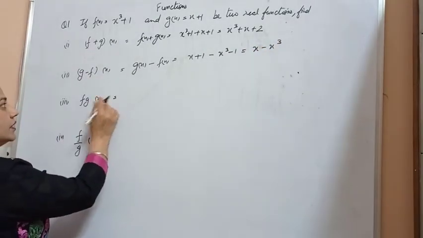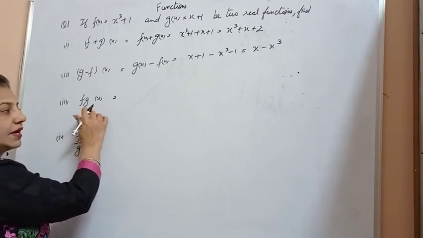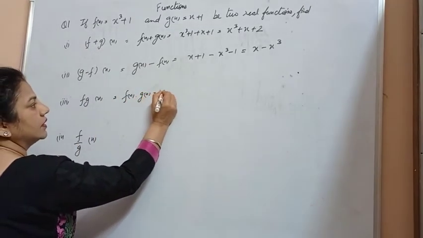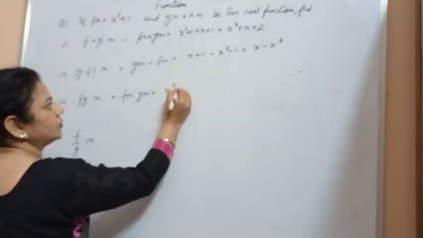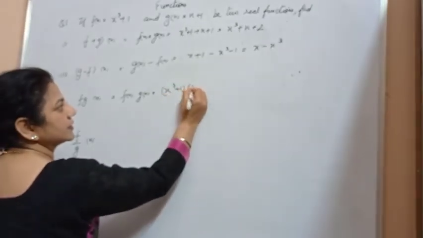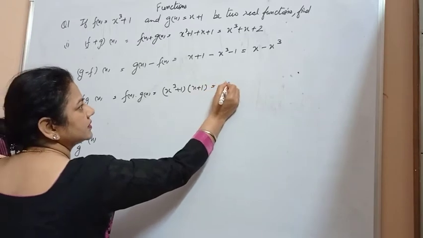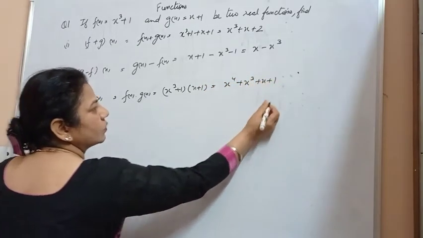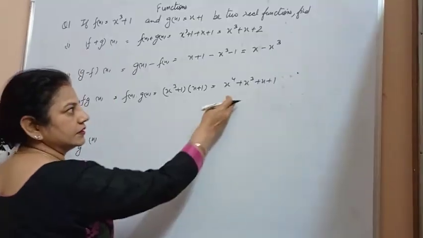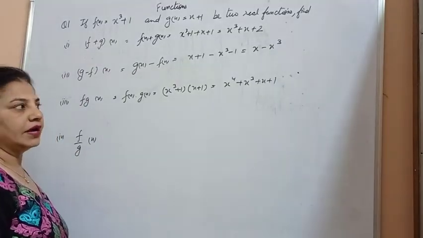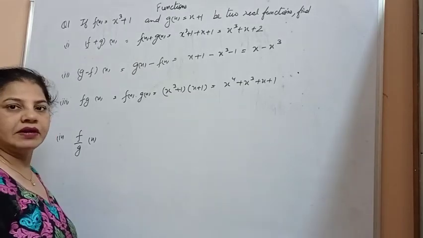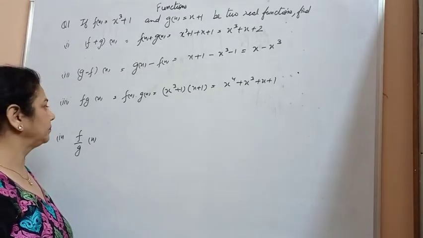Product of the functions, (f · g)(x), that means f(x) · g(x). f(x) is x³ + 1 and g(x) is x + 1. So multiply this: x⁴ + x³ + x + 1 is the result. Because it is not simplified further, we get this result only.